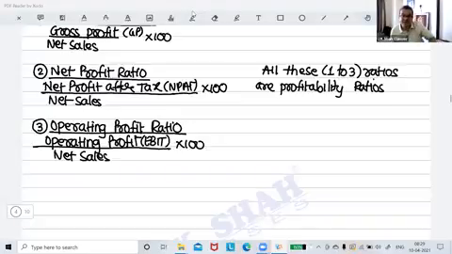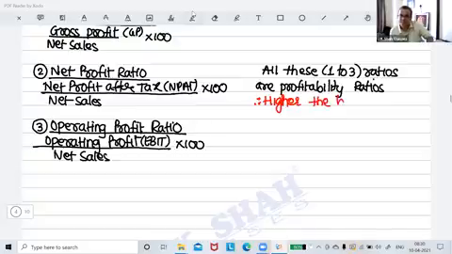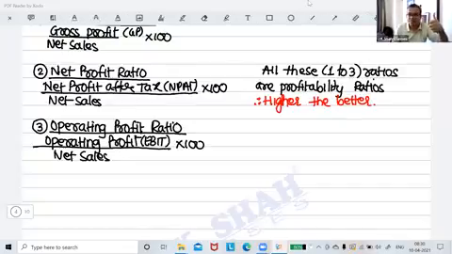Therefore, I would simply say, higher the better. Is this agreeable? It is a profitability ratio, so every time the simple thing we would say is, higher the better. That's it.